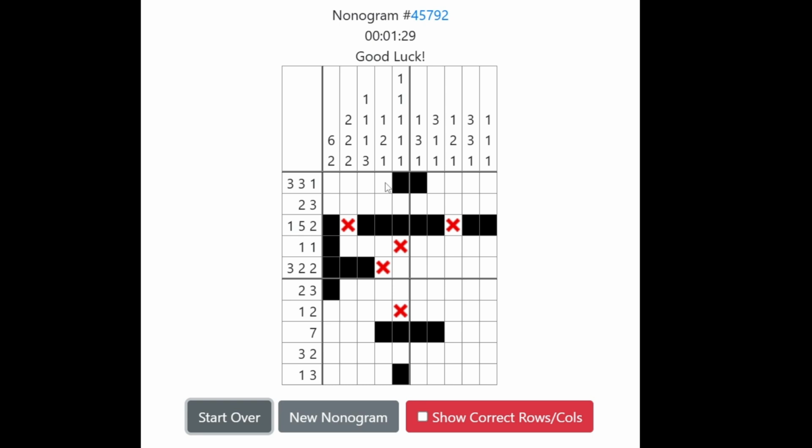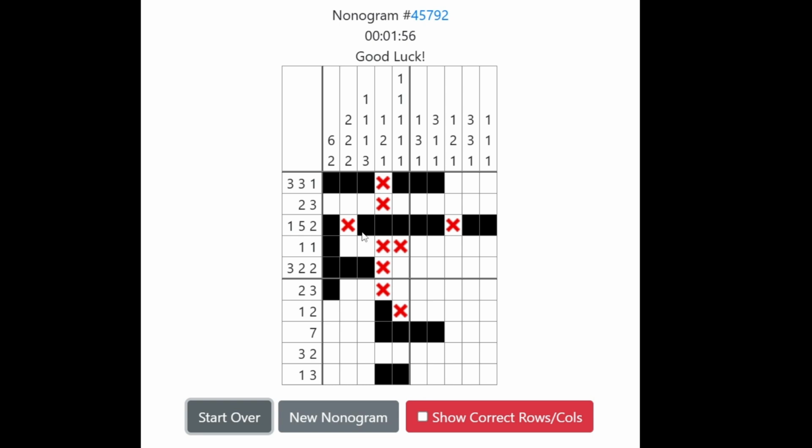That's the only possibility. 3, 3, yeah, I think this has to be like this. Okay. Good. Which means this is the 1. Which means this is the 2 and this is the 1. Yeah. I think that's correct.